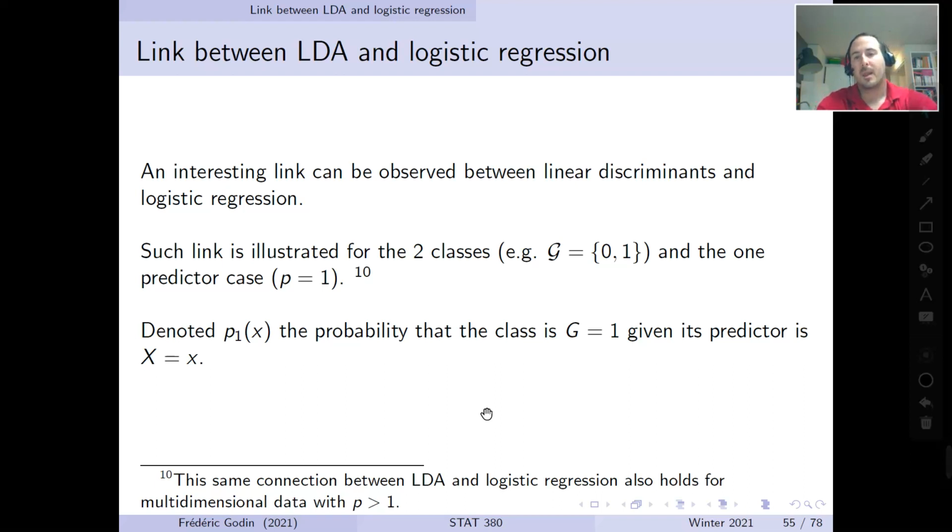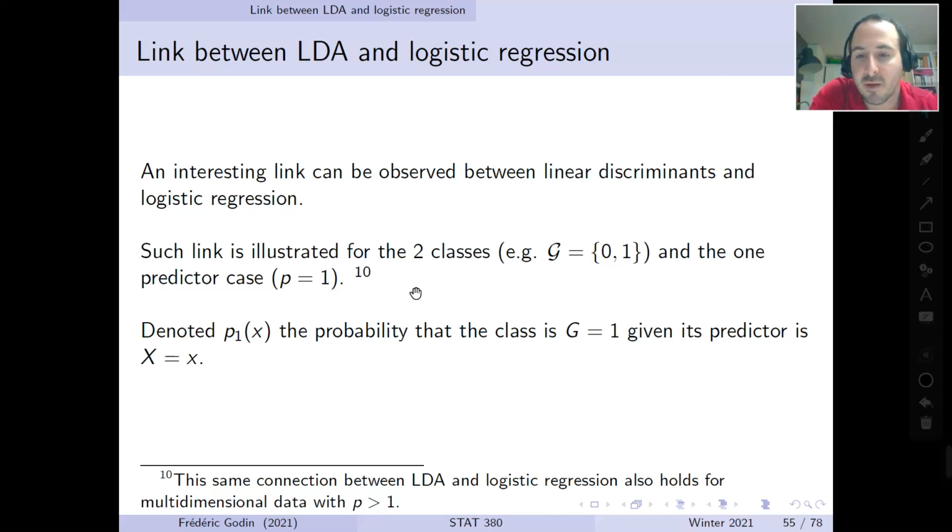What happens here? We will outline a very interesting relationship between linear discriminant analysis and the logistic regression approach. Once again, we will illustrate this link for the case of two classes, either 0 and 1, and for a single predictor.